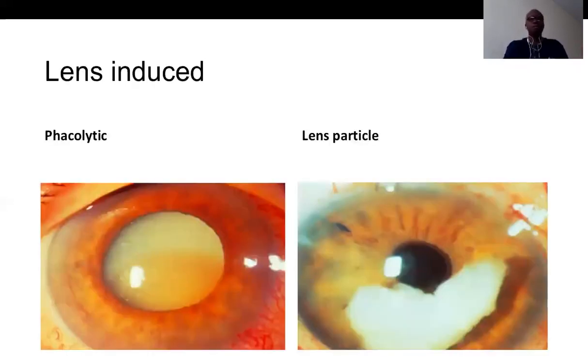This picture, the first one, shows phacolytic glaucoma in a patient with Morgagnian cataract, whereas the second picture shows a large chunk of lens material in the anterior chamber in a patient with lens particle glaucoma.